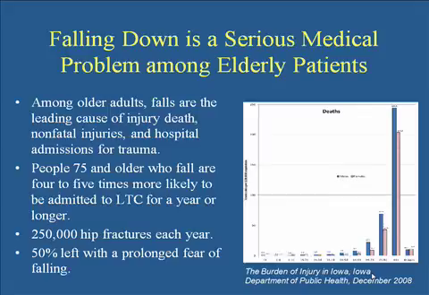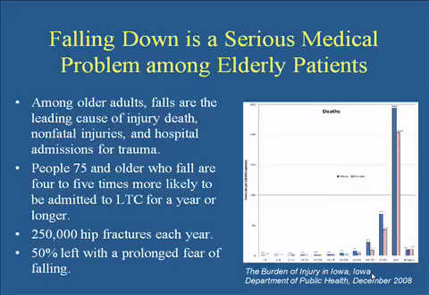These are deaths related to falls, and you can see that in the 75 and 85 plus populations, there's a substantial spike in deaths related to falls in these older fellow Iowans.